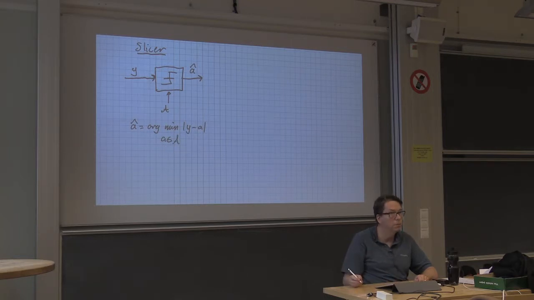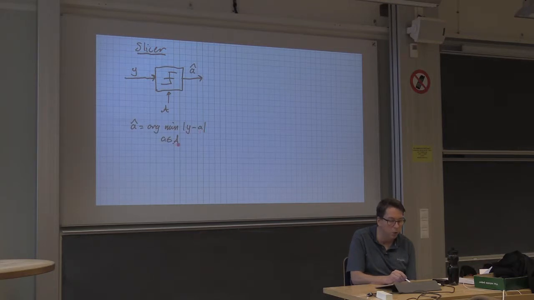Okay. So I hope we're starting to get more and more comfortable with this type of notation. What are we looking at? What we are looking at is the distance between Y and some A. And what is A?